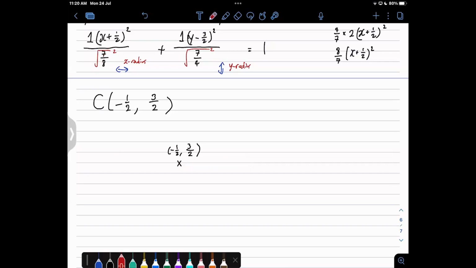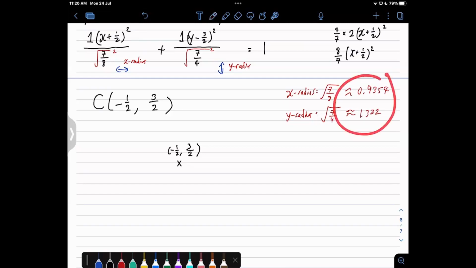I'll call it x radius, approximately 0.9354. Y radius instead will be square root of 7/4, which is approximately 1.322. So who is bigger? Y radius or x radius?